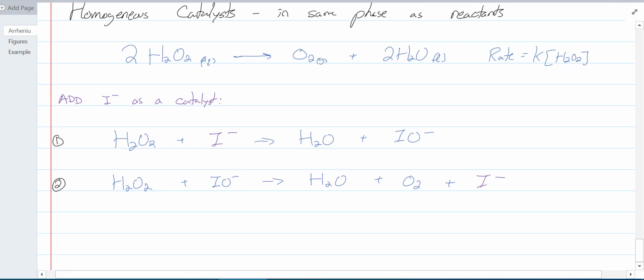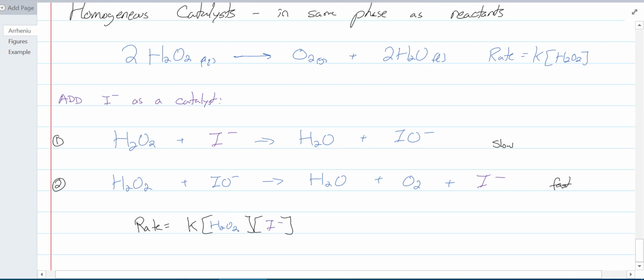Now if step 1 is, let's say, slow and step 2 is fast, the rate is equal to k times the concentration of 2 species instead of 1. I minus will be in there with the hydrogen peroxide. How fun is that?